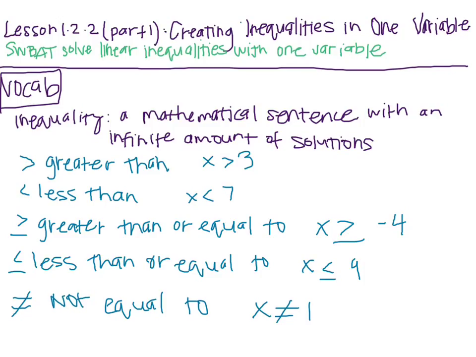Let's move on to an example of solving linear inequalities. Solving linear inequalities is very, very similar to solving a linear equation, except there's just this one thing that we have to remember.